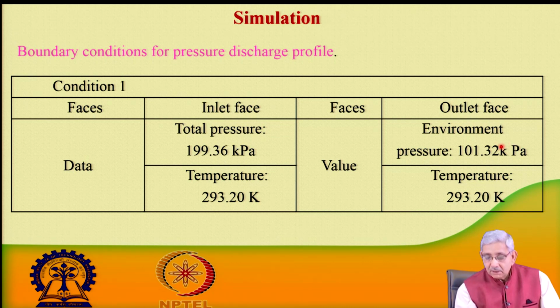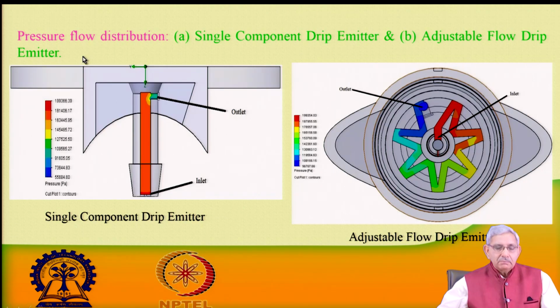But the boundary condition at the outlet end remains the same, because water is dispensed at atmospheric pressure. Here the simulation of the pressure at different points of the dripper is shown as the water passes from the inlet and then goes out of the outlet.